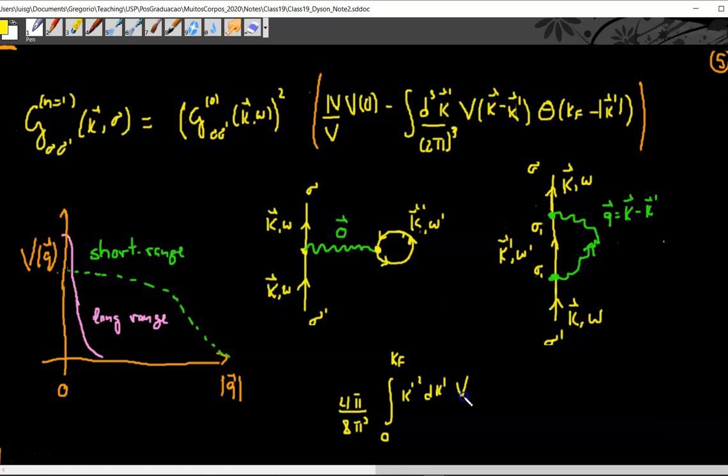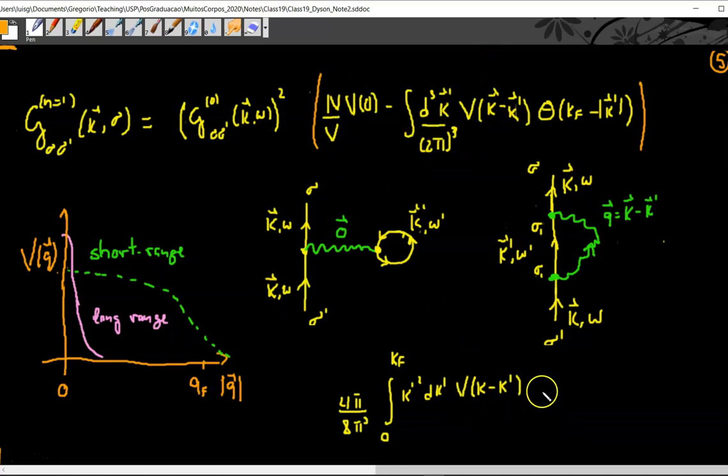Then I would have something like that, v of k minus k prime. All right. Of course, it would depend on the form of the potential. But if this is spread out, like here, and let's say kf is around here somewhere, you're integrating this, and this will be your function of k at the end to compare with this.